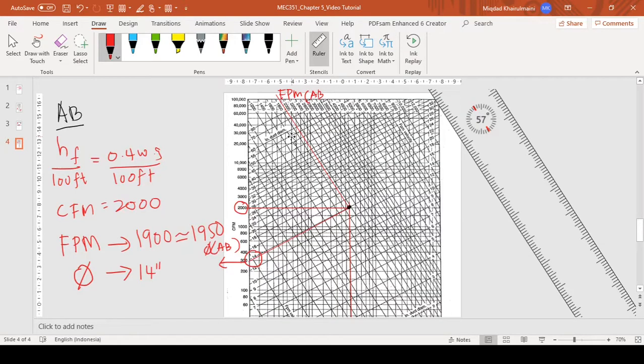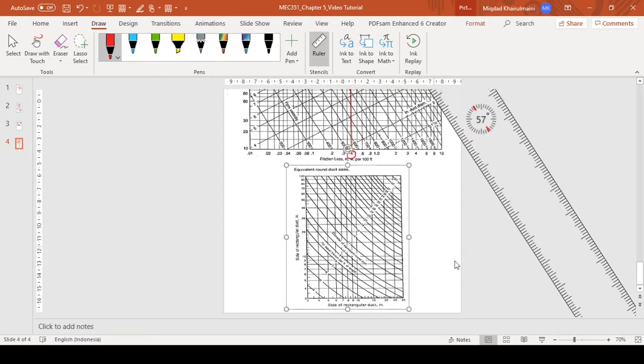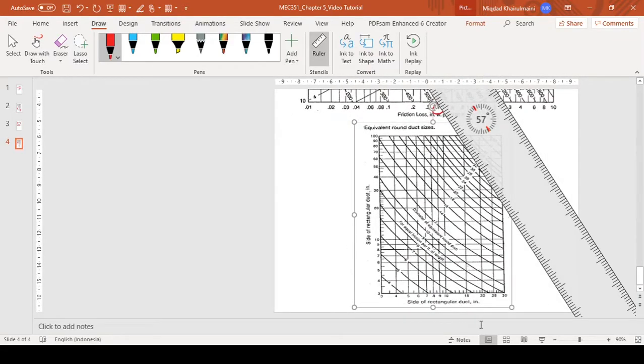Now for the rectangular duct, we will use this chart here. We know that the diameter line for AB is 14 inches.